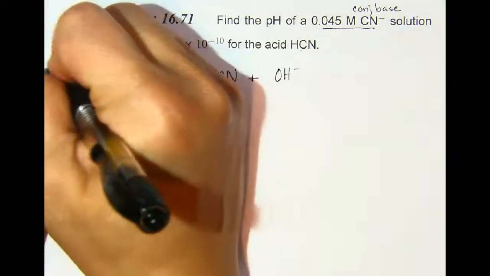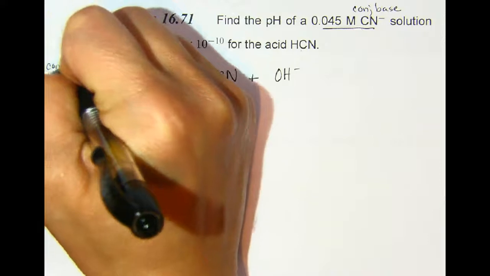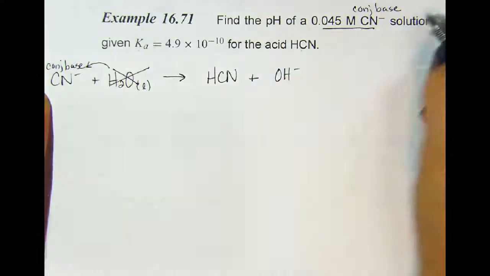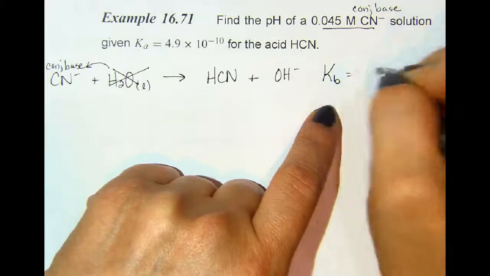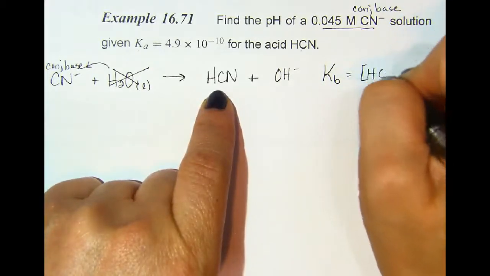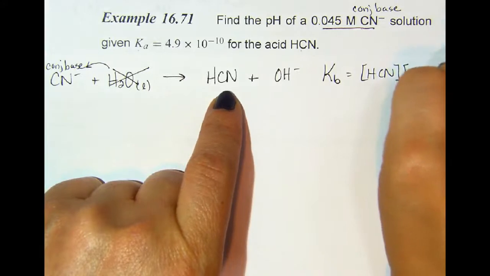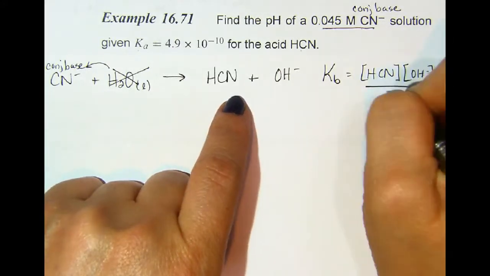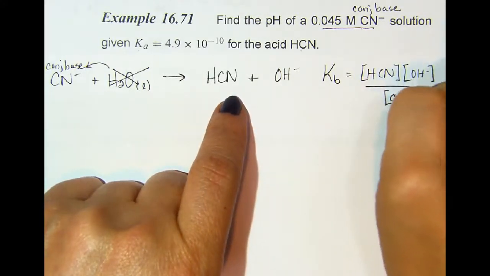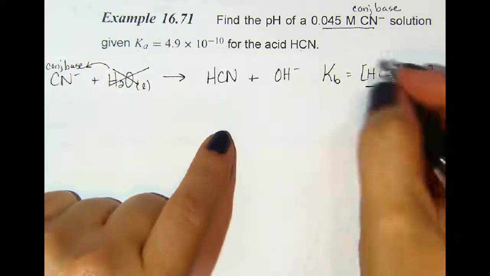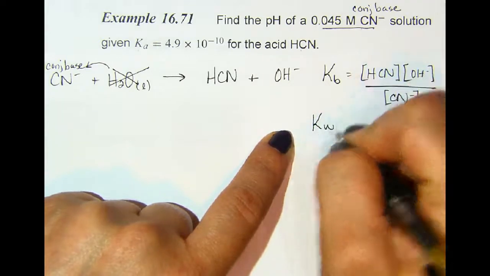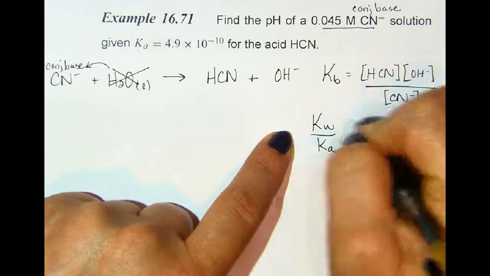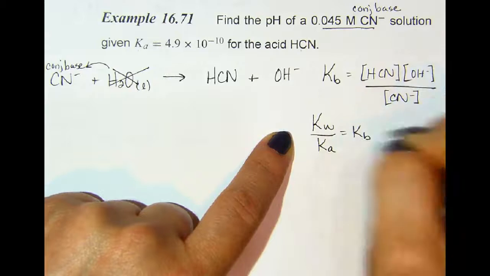Because this is the conjugate base of this acid, we are going to write Kb is equal to hydrocyanic acid times hydroxide over cyanide. And to find the Kb, you're going to take the Kw and divide it by the Ka, and then that would give you the Kb.